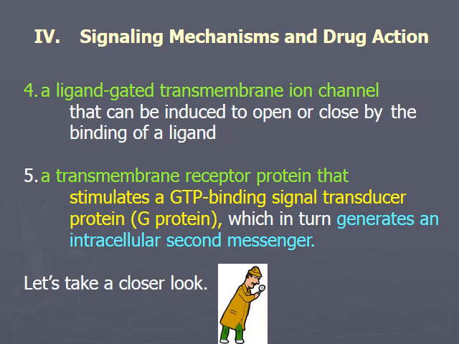These are called ligand-gated ion channels. And so the drug binds, there's a conformational change, the channel opens and something can enter or something can leave. And what will have an impact there is the concentration gradient. Right, so sodium will come in, potassium will leave.